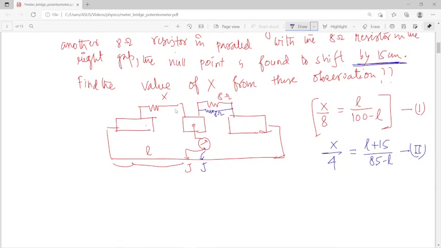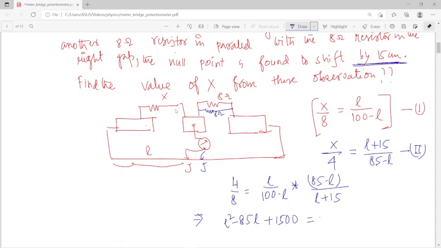So if we divide these two equations, equation 1 and 2, the value of X will be cancelled out. So 4 by 8 is L by 100 minus L multiplied by 85 minus L into L plus 15, and from that you will get L square minus 85 L plus 1500 is equal to 0.